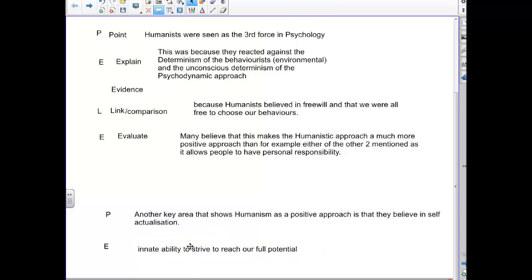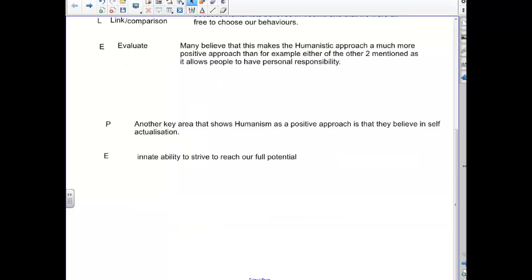Some of you in your prep didn't get your second mark for that, or some of you didn't even get your first mark for that. It's not just reaching your full potential, it's this innate ability to strive to reach our full potential. So we could explain what we mean by self-actualization. We're defining it. We now need to go on to do a little bit more work on that.